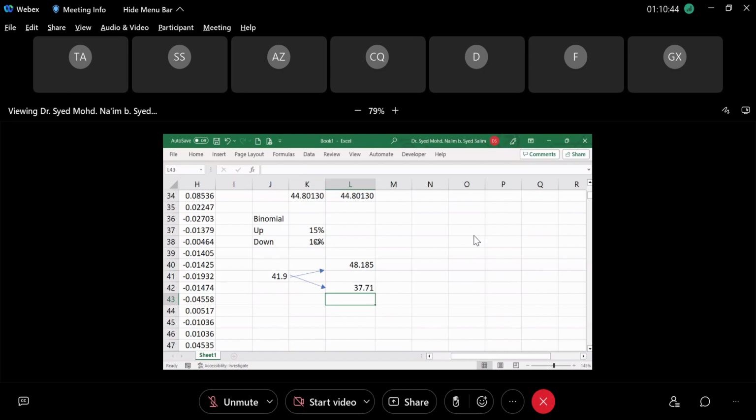Once we got that, we know that here we can divide it by 1. It could be any price, so we just copy that and put it here.